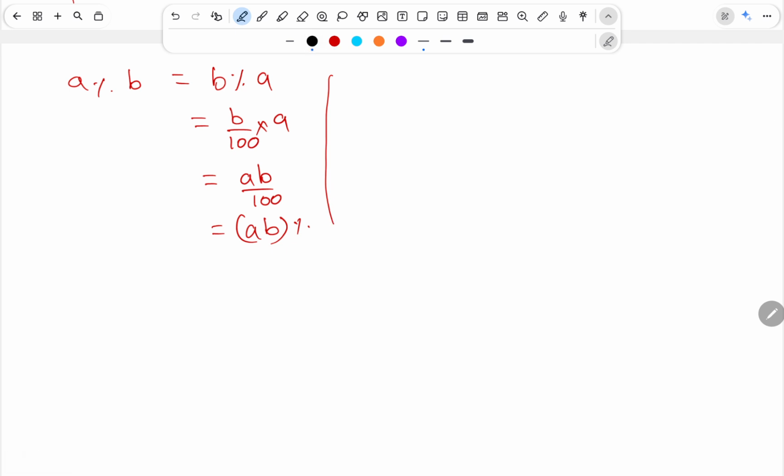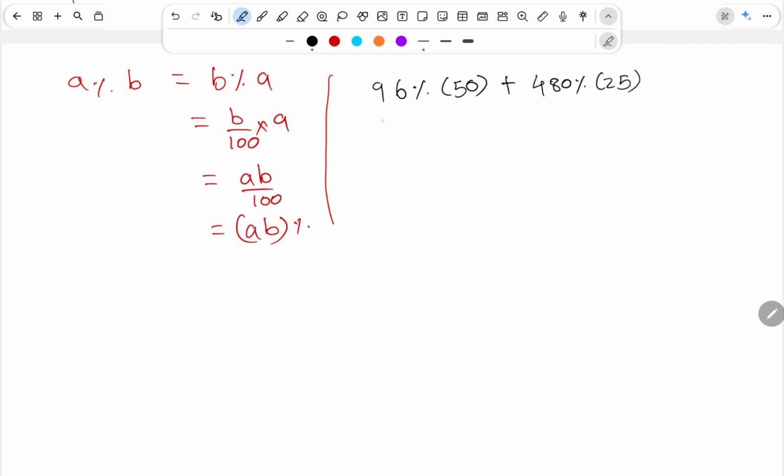See this. 96% of 50 plus 480% of 25. Now actually 96% of 50 may be somewhat difficult. Like we can write 96 by 100, then 50 and 100 get cancelled.